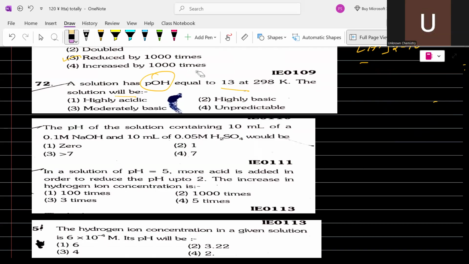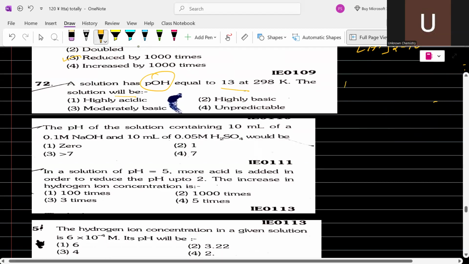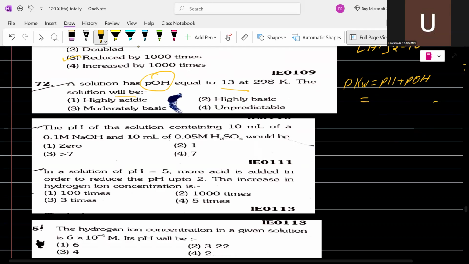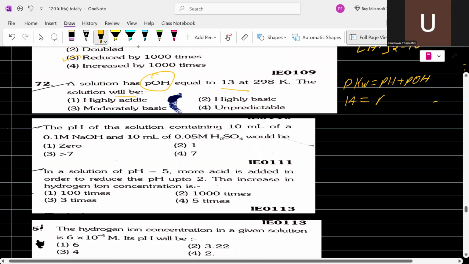So here we will write pKw equal to pH plus pOH. So simply here pKw is 14, pH is 13, so pOH will be 1.